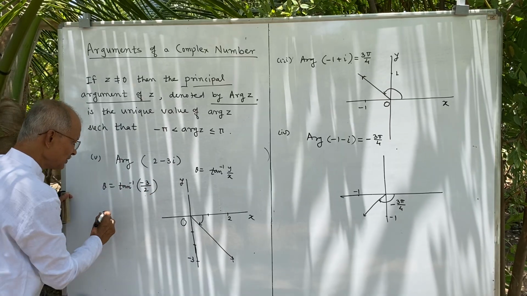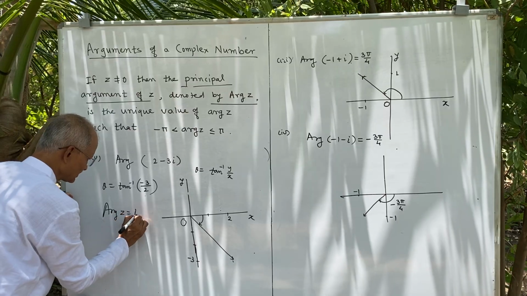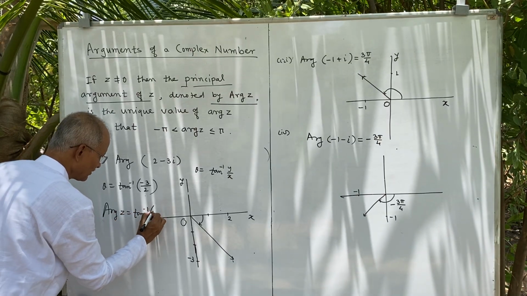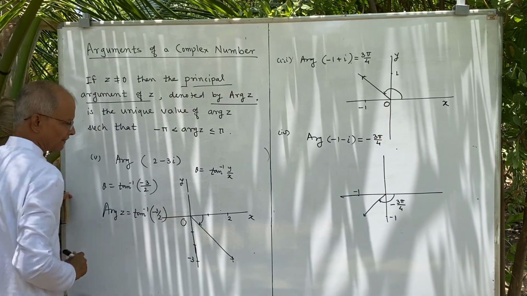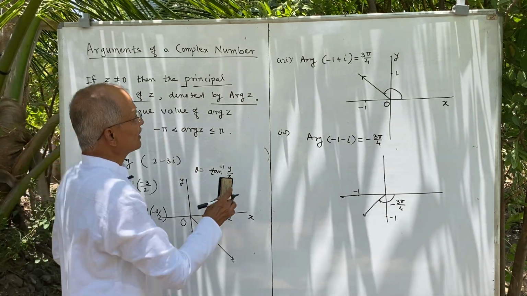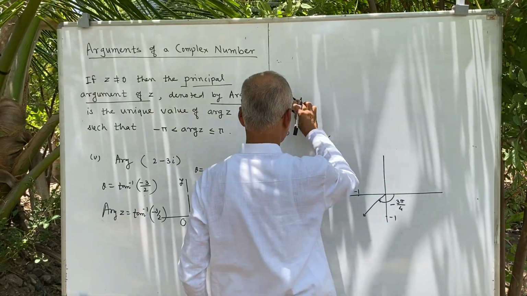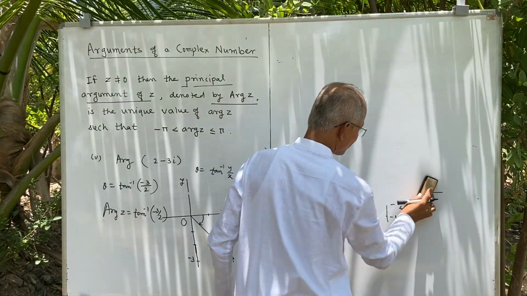So this is the principal argument. Argument z is tan inverse of -3 by 2, or minus tan inverse of 3 by 2. Now we can remember how to obtain the principal argument.